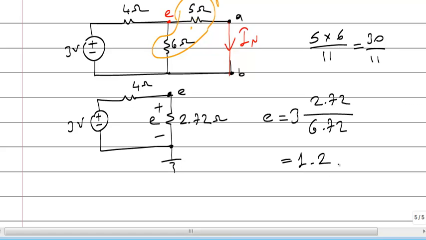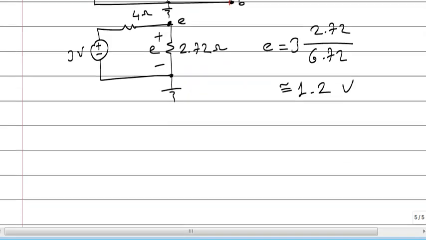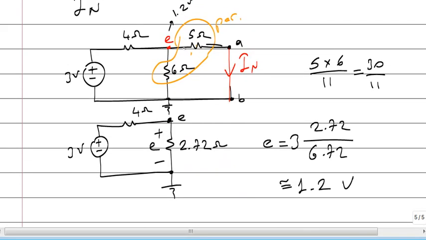Okay, so if this voltage is 1.2 volts, what is this current? Here is ground. E minus 0 divided by 5. Okay, I Norton is the current of this resistor, and the current of that resistor is voltage divided by resistance.